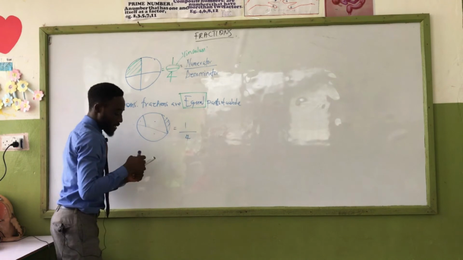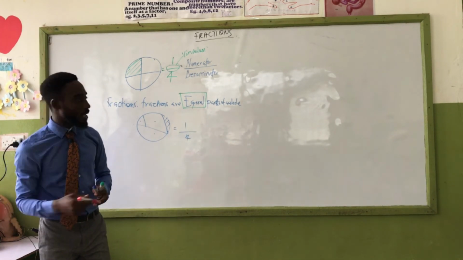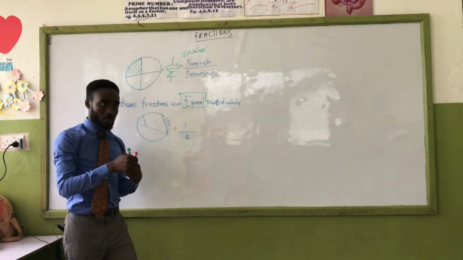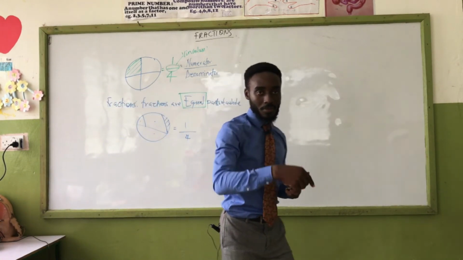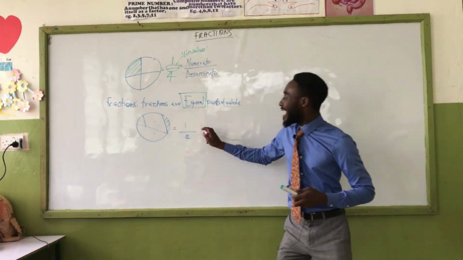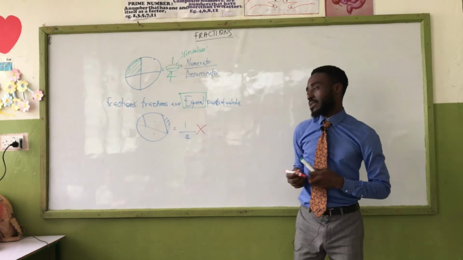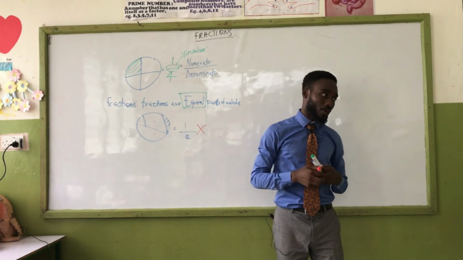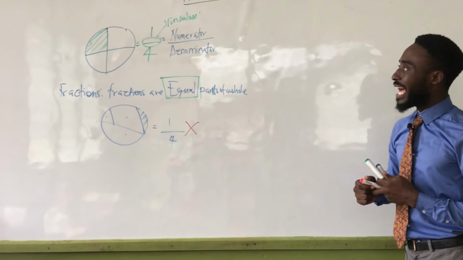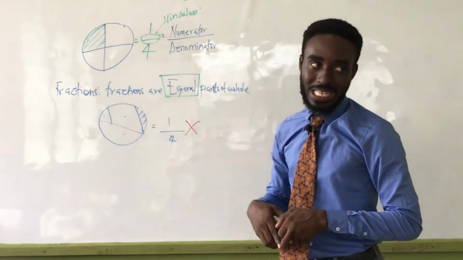But would we call this a fraction? Why wouldn't we call it a fraction? You tell me. Yes, because the parts are unequal. So this, though it is in 4 parts, is not a fraction. Is that okay? Alright, so we want to revise the various types of fractions.